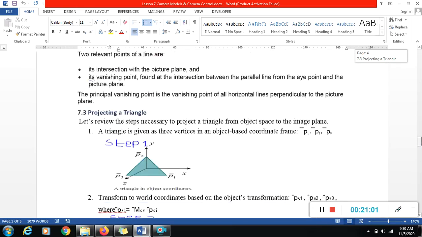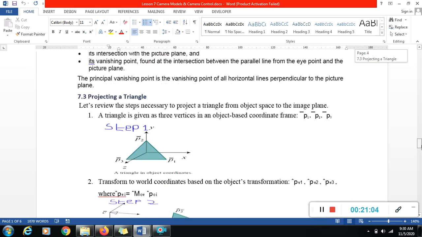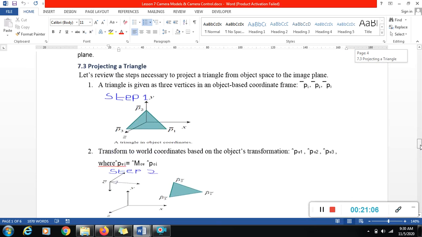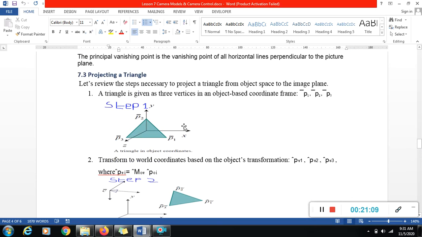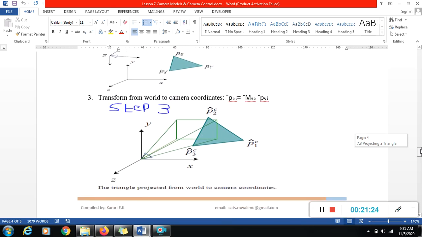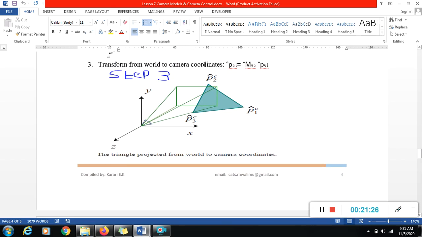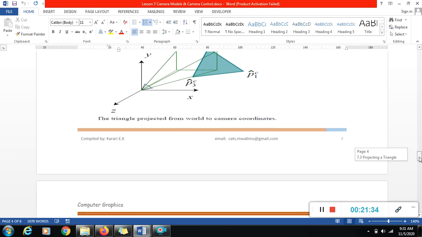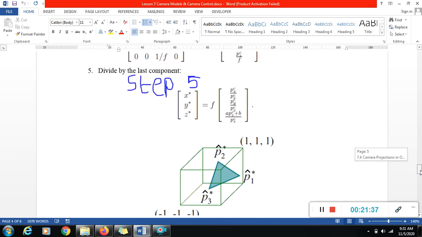Now, what we are doing is transforming that object, the way we did to this triangle, from object space, and eventually we get it into the camera view, real world view, so that now we can produce what we call animated movies.